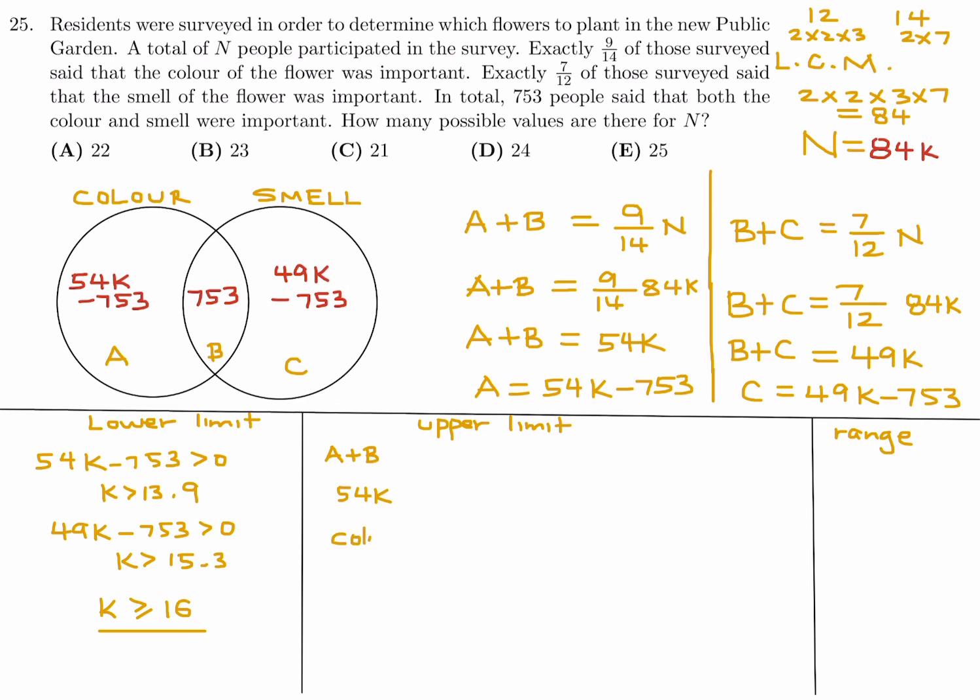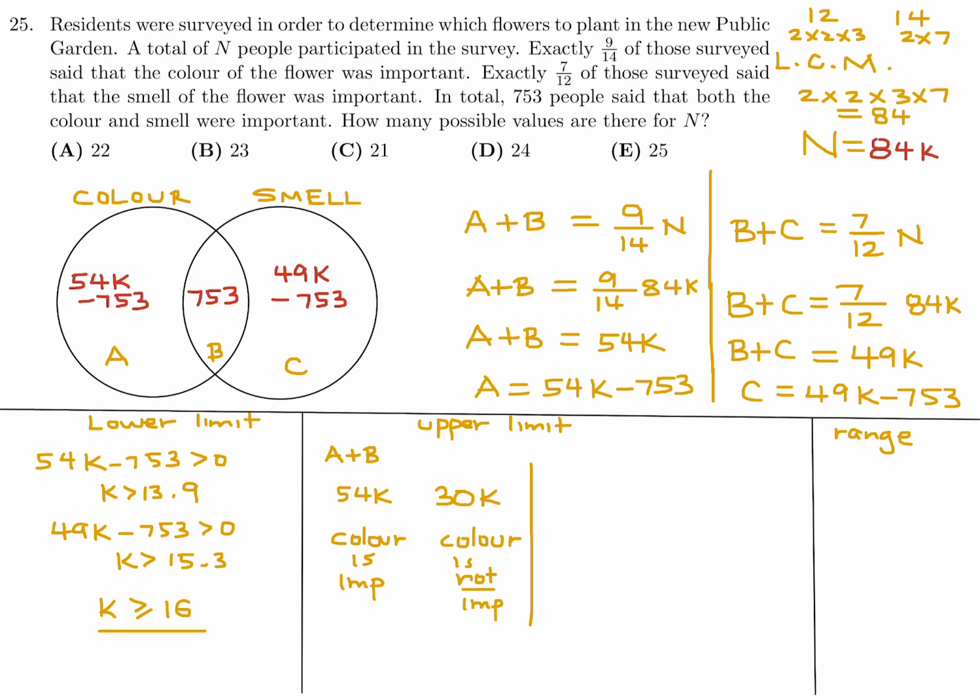So the total is 84k. 54k said the color is important, so 30k, which is 84 minus 54, must be the people for whom color is not important.